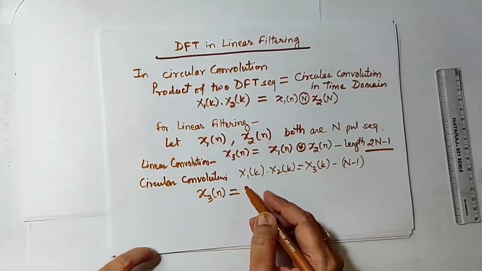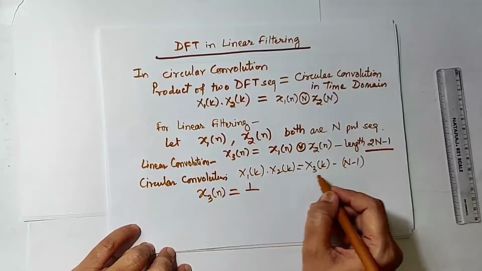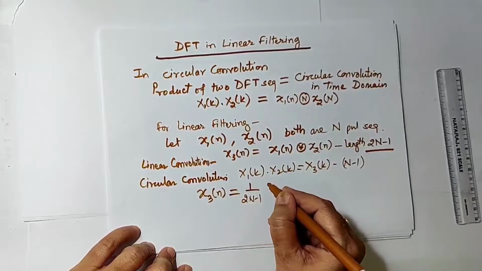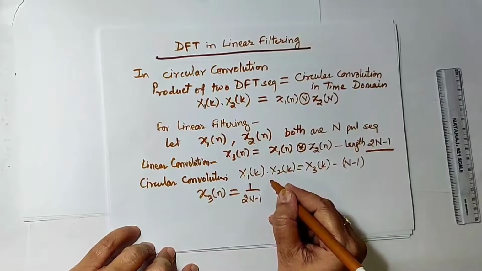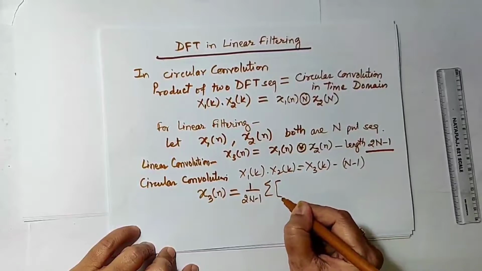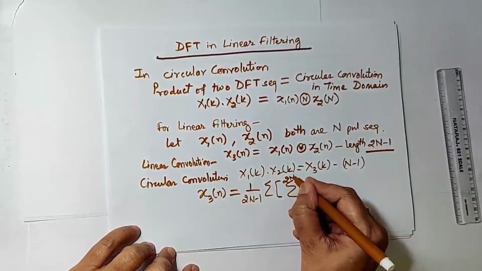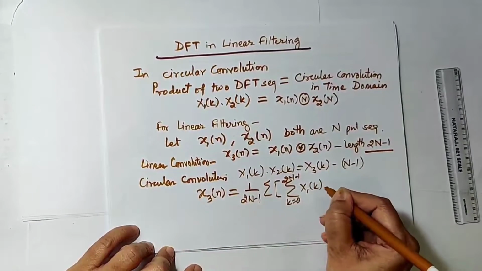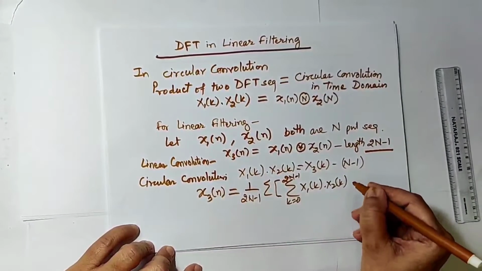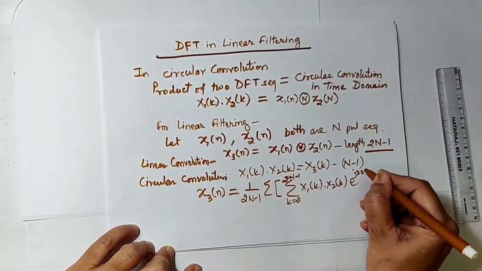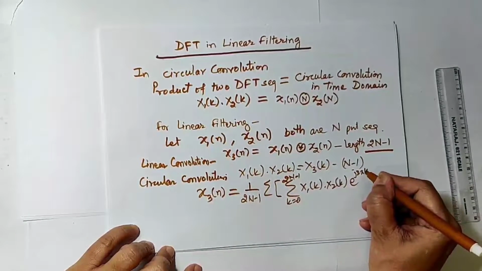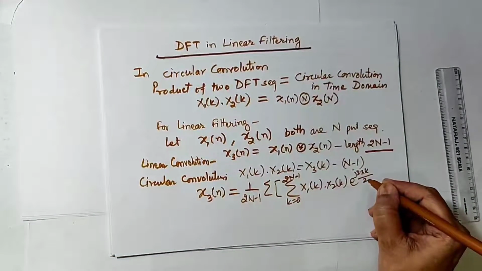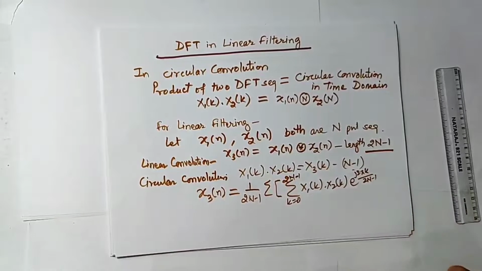So x3[n], if we take its IDFT, would be, I just write the limit for understanding, X1[k], X2[k], e to the power j 2 pi k n, with k from 0 to N minus 1.